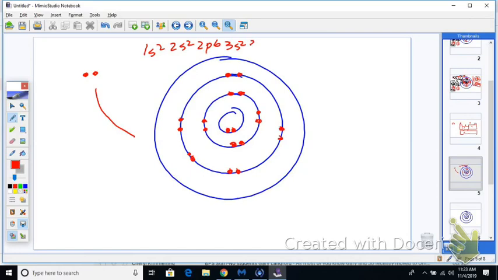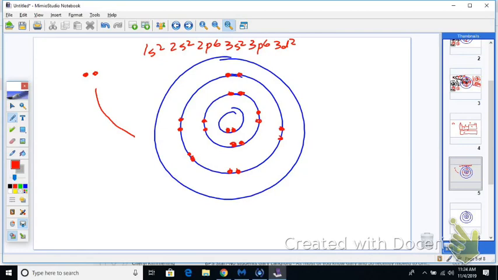The other bit of information I gave you is that this block is S's, and these will end in S's because they're in that block.